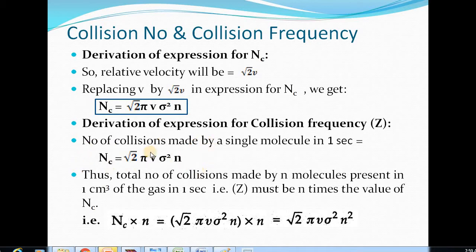We have to multiply Nc by n to get the total number of collisions made by n molecules present in 1 centimeter cube of the gas in 1 second. And this is known as the collision frequency. So we can get collision frequency by multiplying Nc by n, so that we are getting here Nc into n equal to under root 2 pi v sigma square n square.